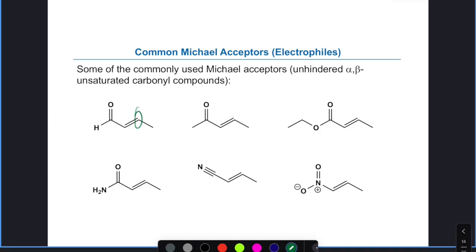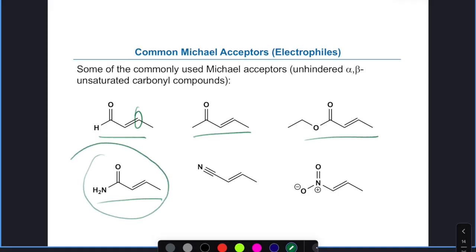So our acceptors, if you look through these, are all alpha, beta unsaturated systems where you have a pi bond that you're adding to. This is your aldehyde, your ketone, the ester, those are the more canonical ones. The amides, these things here, interesting fact, these kinds of molecules are actually the core thing we use right now for a whole new cancer therapy that's been invented over the last couple of years.